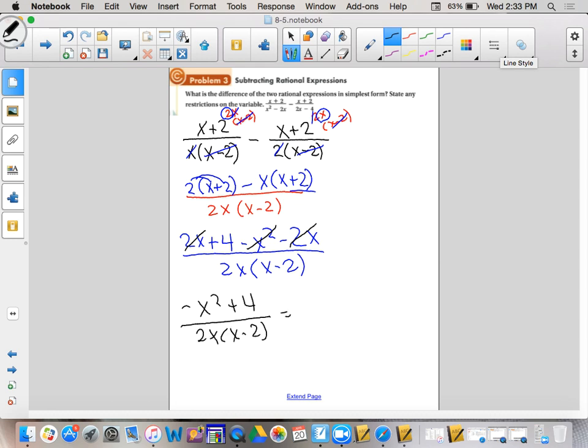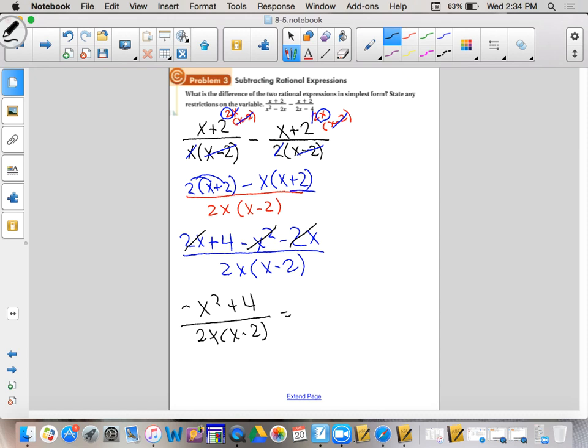Well, look at here. We got a negative x squared. Can I have that? What do I need to do to this problem? Correct. Same thing we learned in 8.4.